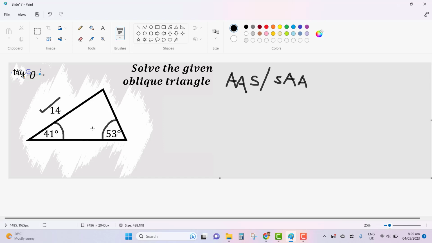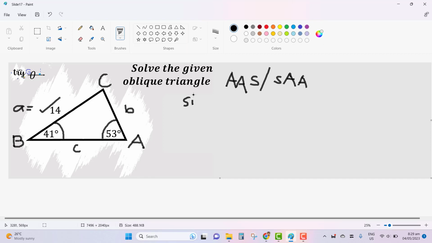For this given oblique triangle, we could label this side as A. That would mean the opposite angle is angle A. Let us label this as angle B. This is angle C. It would mean this is side C and this is side B. So we are given two angles and one side. We're going to use the law of sines using the ratio of the sine of an angle to its opposite side.